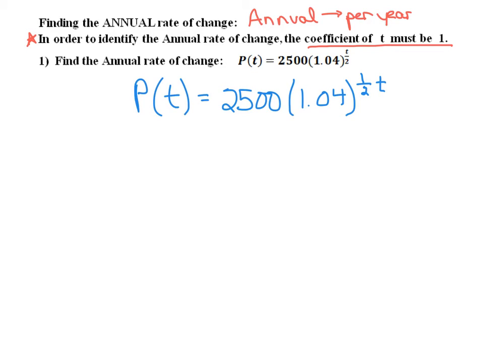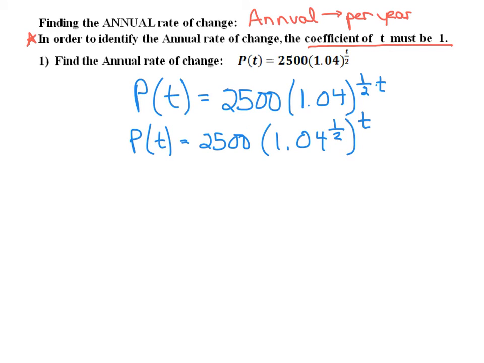Now I'm going to actually undo the examples that we did on the previous slide, where we say when we're raising a power to a power, we multiply those exponents together. So I can think of this as kind of working backwards. So I can say P of t is equal to, again, just keep that original population throughout the problem, and say we could really write this as 1.04 to the 1/2 raised to the t.